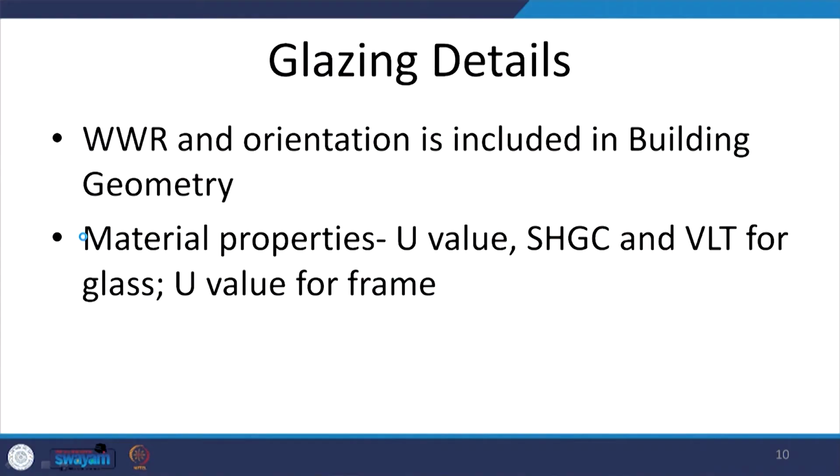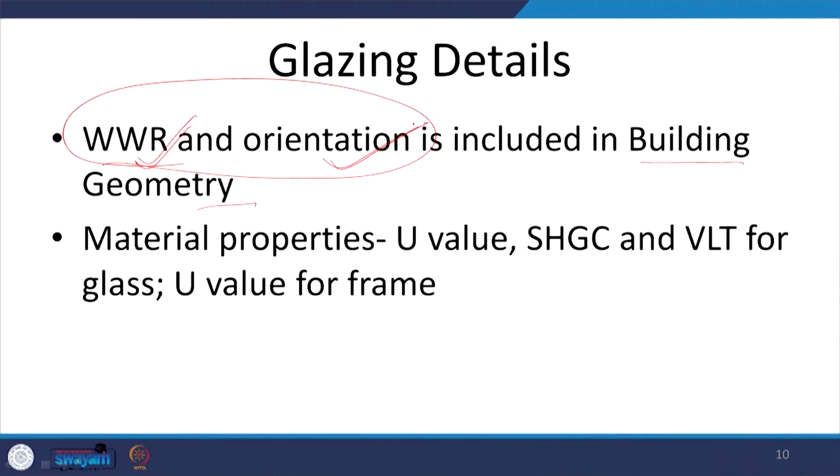The next we have is glazing details. When we talk about glazing details, we are talking about three things here. First of all, window wall ratio. Second is orientation. Both of these are included while we are creating the building geometry. When we are making the building geometry in the software, we will be adding windows as part of it, so automatically the window wall ratio and orientation are taken care of.